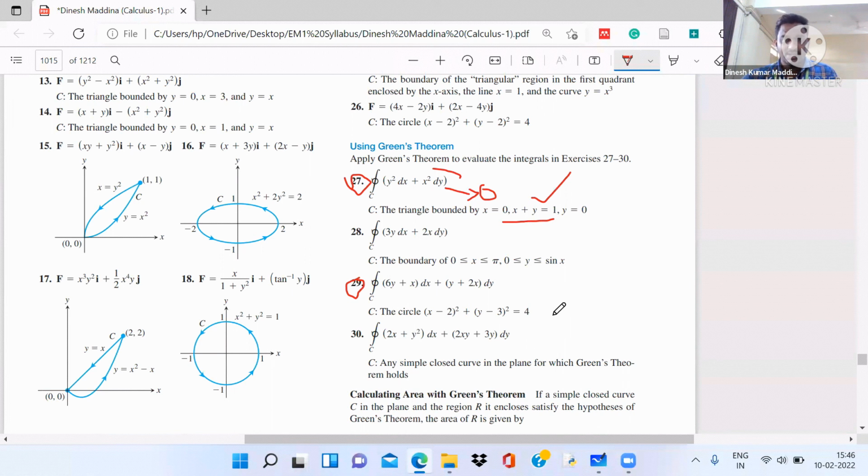For this one, you will get minus 16 pi. Minus 16 pi you will get. These are the answers.